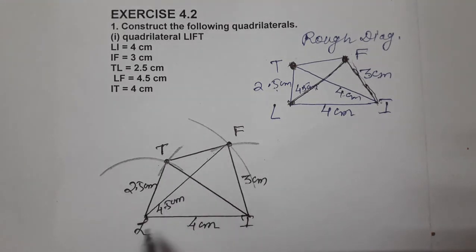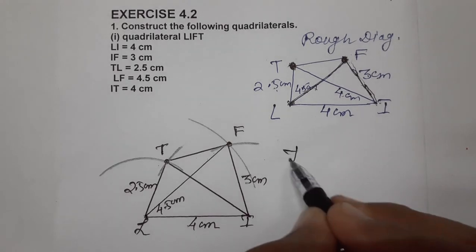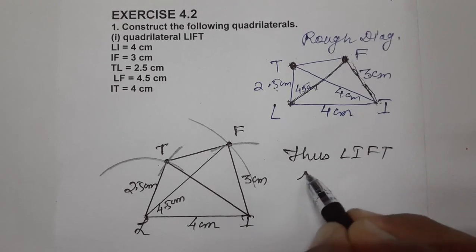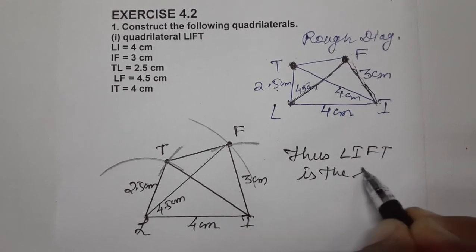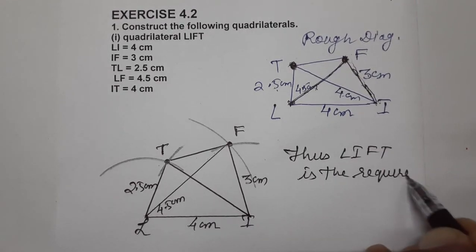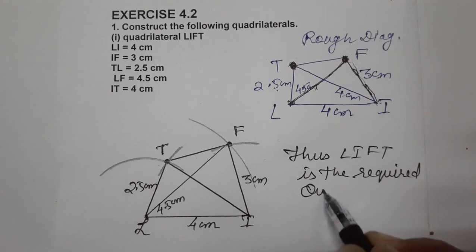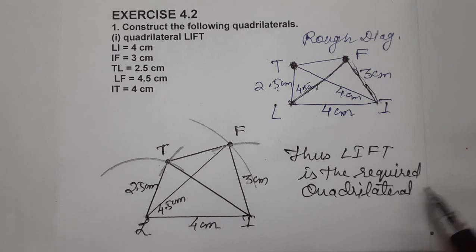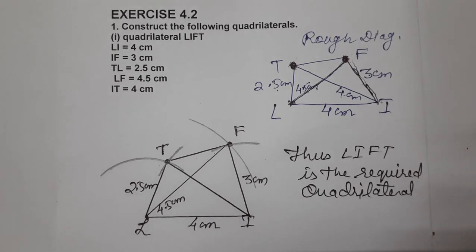Thus, this is the required quadrilateral. Therefore we can write: thus LIFT is the required quadrilateral. Understood, children? Now we'll do the second part of it.